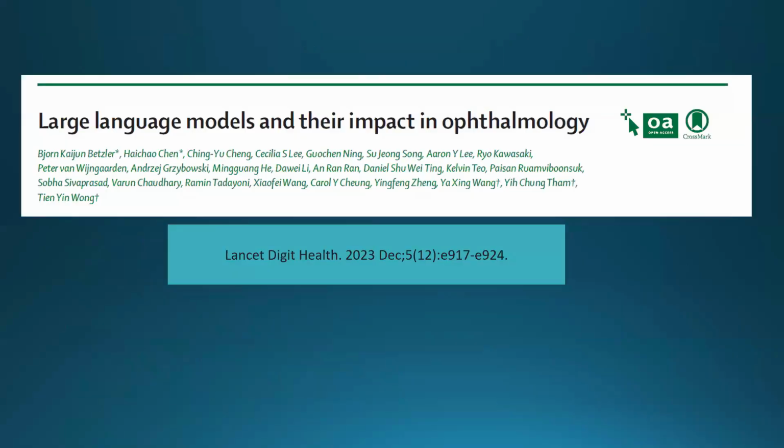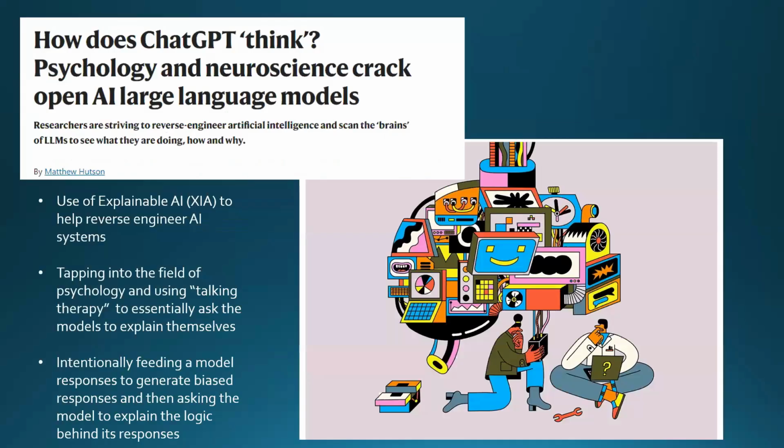There's this paper by Huang's group that does a phenomenal summary of the existing literature on large language models in ophthalmology. So I would highly recommend if you want to learn more to look at that. There's also an interesting study.